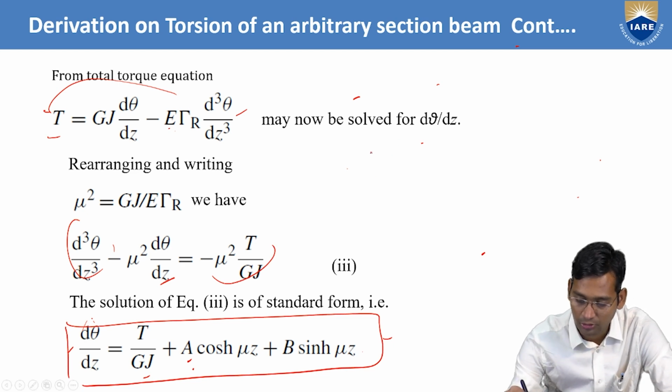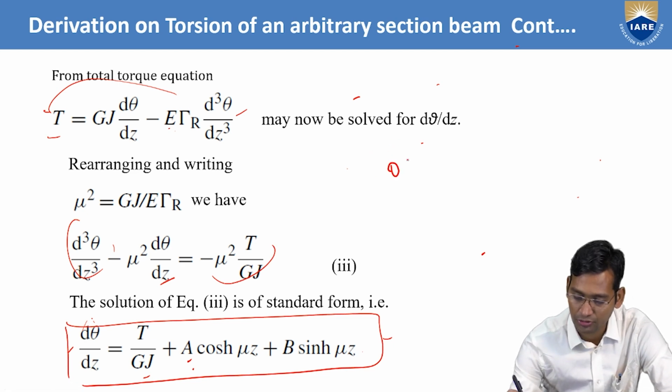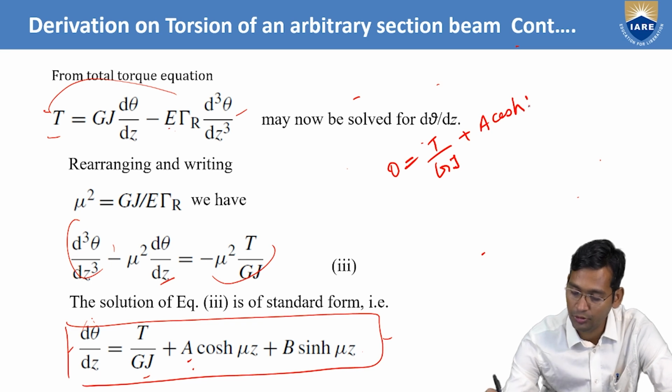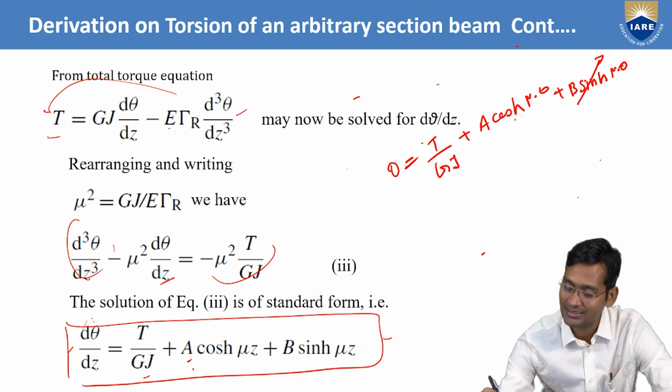Now putting d theta by dz equals 0: 0 equals T by GJ plus A cosh of mu into 0 plus B sinh of mu into 0. So the sinh term will be 0, and cosh 0 will be 1.